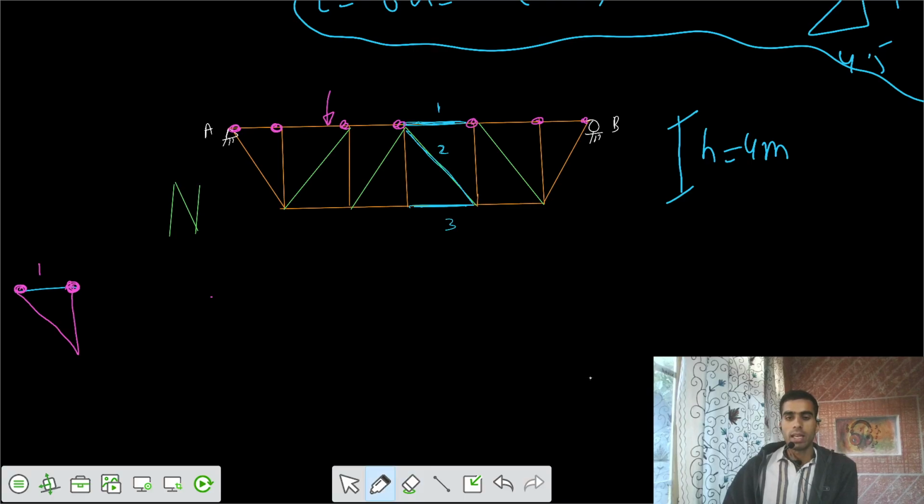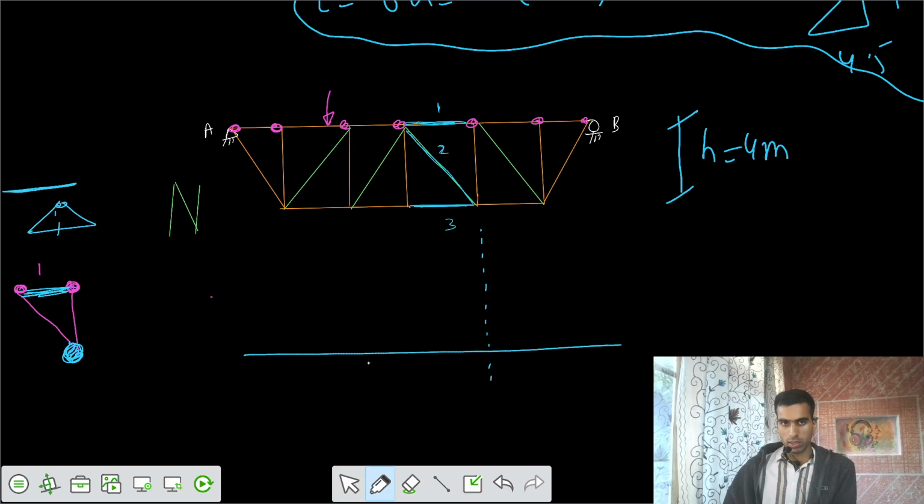But I would say directly that the peak would be developed at the third point, because the member is horizontal, top or bottom cut. For that we have only one peak ordinate, that's at the third joint. So the critical location would be at this point. So this is the diagram.